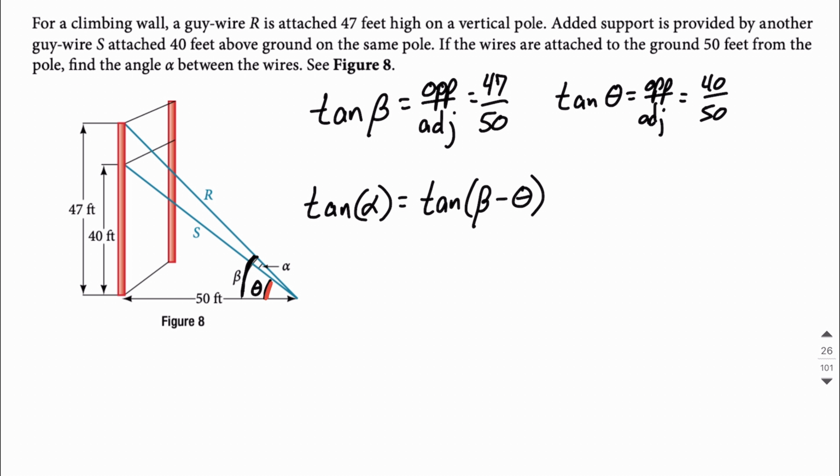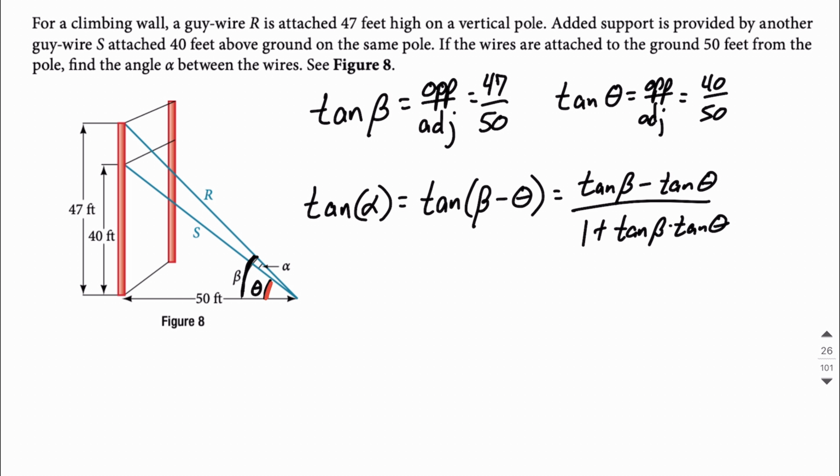All right, so with that in mind, and this being difference formulas, let's write that out as a difference formula. Using that identity, it's going to be tangent of beta minus tangent of theta over 1 plus tangent of beta multiplied by tangent of theta.